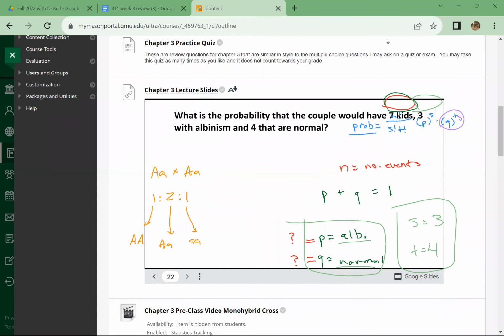So going back, the probability of being albino. In this case, because albinism is recessive, only this genotype would create an albino phenotype.